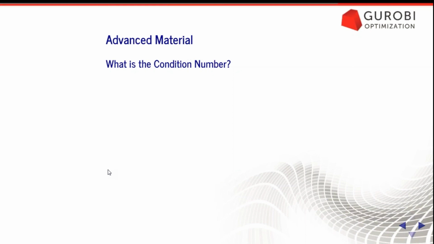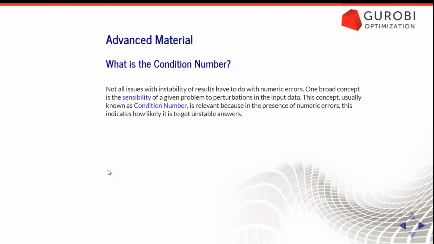So the usual definition is, the condition number of an optimization problem is trying to capture the idea of how sensitive your optimization problem, or the optimal solution of it, is to small changes in different parts of the input. A common thing that is used as a reference for this number, for linear systems at least, is known as kappa of A, which is defined as the norm of the matrix times the norm of the inverse of the matrix.